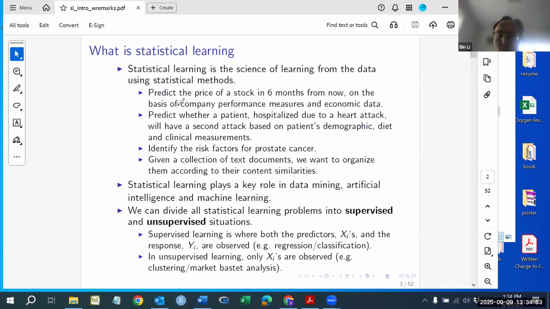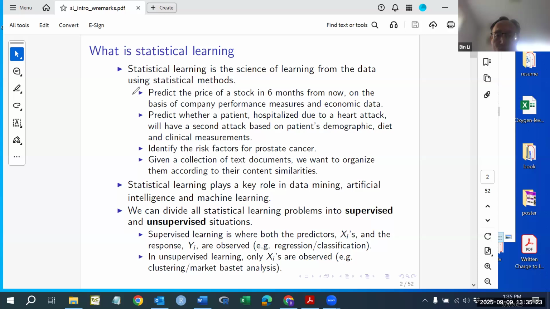So here are some examples: predict the stock price, predict whether a patient hospitalized due to a heart attack will have a second attack or not, right? Identify some risk factors for prostate cancer. And given a collection of text documents, we want to organize them according to their content similarities.